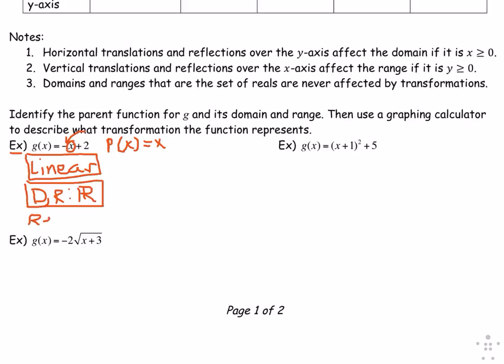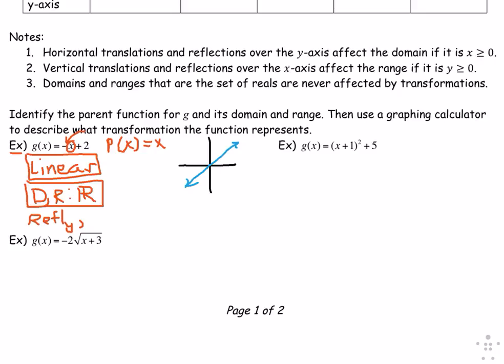So let me identify that transformation. I'll say reflection in abbreviation, R-E-F-L, subscript y, and then let me draw that. I'll have in blue the parent graph, so that's direct variation through the origin, and now we're going to reflect it over the y-axis.